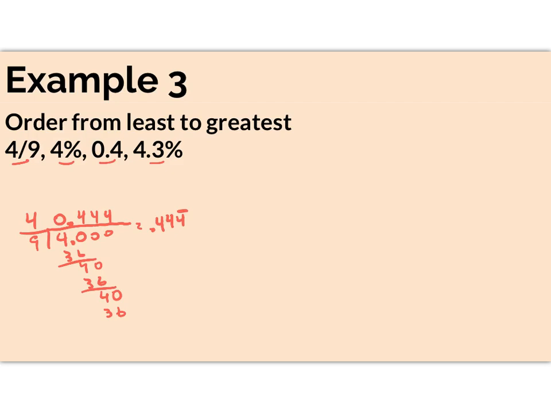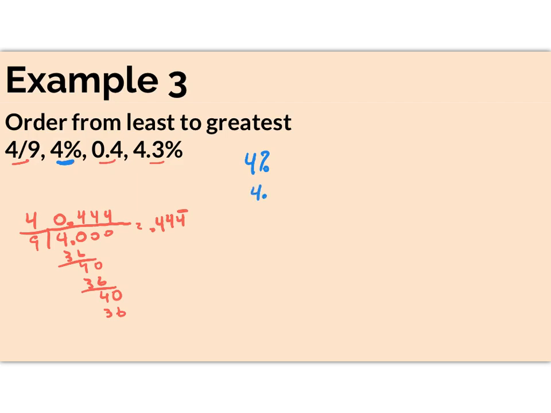So that's the first one. Let's deal with the second one in a different color. Let's take 4%. If a number does not have a decimal, it's always at the end.